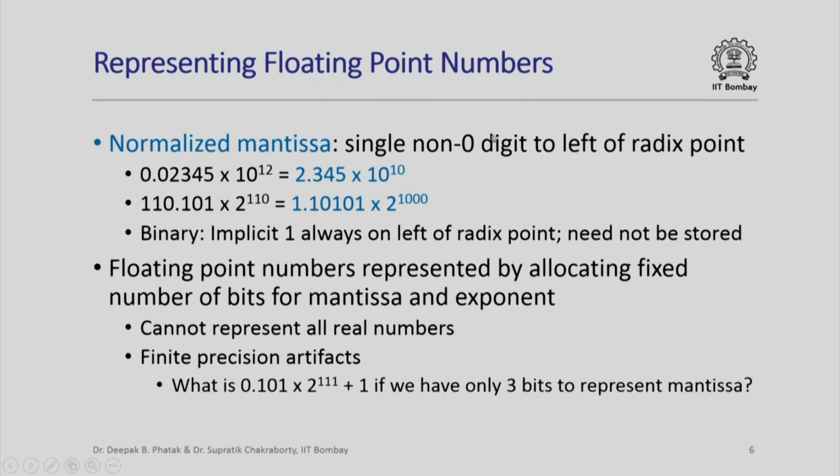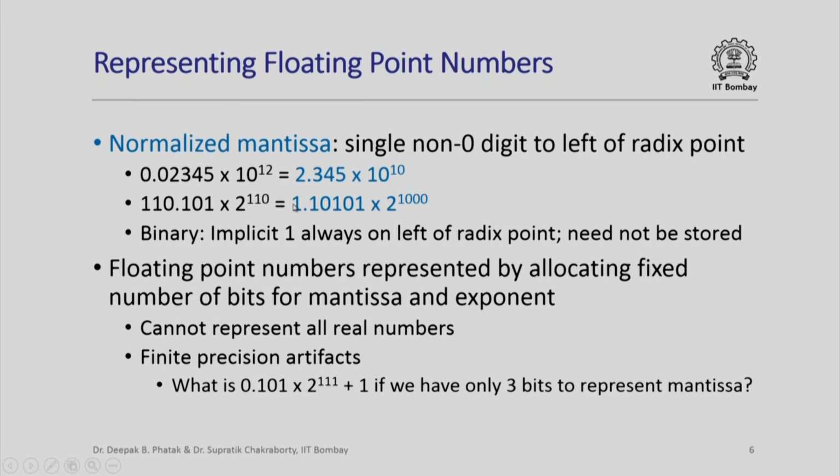And if we are saying that to the left of the radix point there must be a single non-zero digit, that has to be 1. So there is always a 1 on the left of the radix point in a binary representation of a floating point number where the mantissa is represented in a normalized way. And because it is always going to be 1, we need not store it, we know that it is always going to be 1, and therefore this basically gives us 1 bit of information for free.